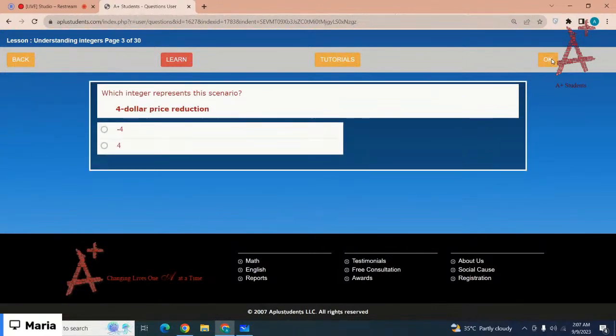Which integer represents the scenario $4 price reduction? Is it positive 4 or negative 4? Reduction, so reductions, decreases or loss are always represented by negative numbers. So $4 price reduction would be negative 4.